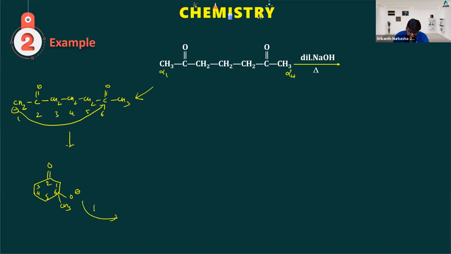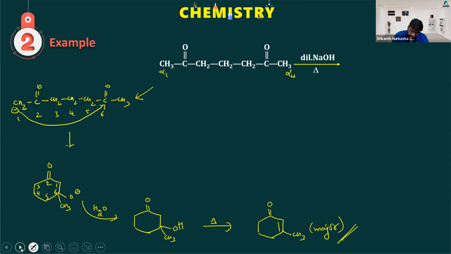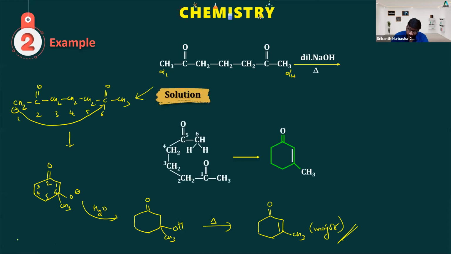This will pick up a proton from water, giving C double bond O, CH3, COH. Upon heating, it will undergo elimination and form C double bond O, CH3 with a double bond. This is the major. So C double bond O, C double bond C, CH3 will be your respective major product.